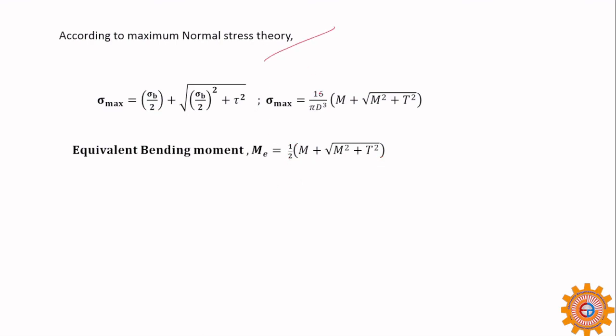Next one, design of shafts on the basis of rigidity. I already told you, T by theta, that is torque per unit twist. I can call this the torsional stiffness.